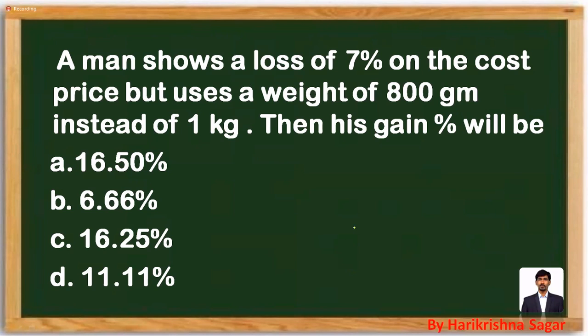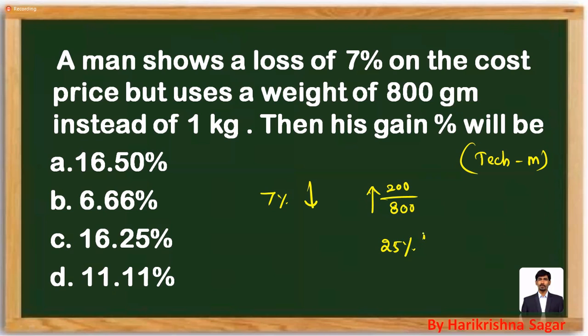So look at this question, a man shows a loss. This is a previous Tech Mahindra question again. A man shows a loss of 7% and uses 800 grams instead of 1 kg. On top of 800, there is an increase of 200. So that means there is 25% profit here, 7% loss here.